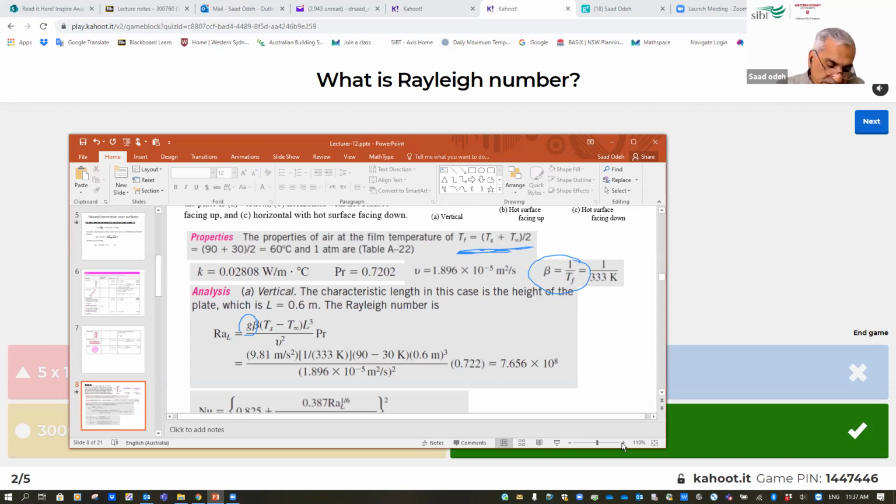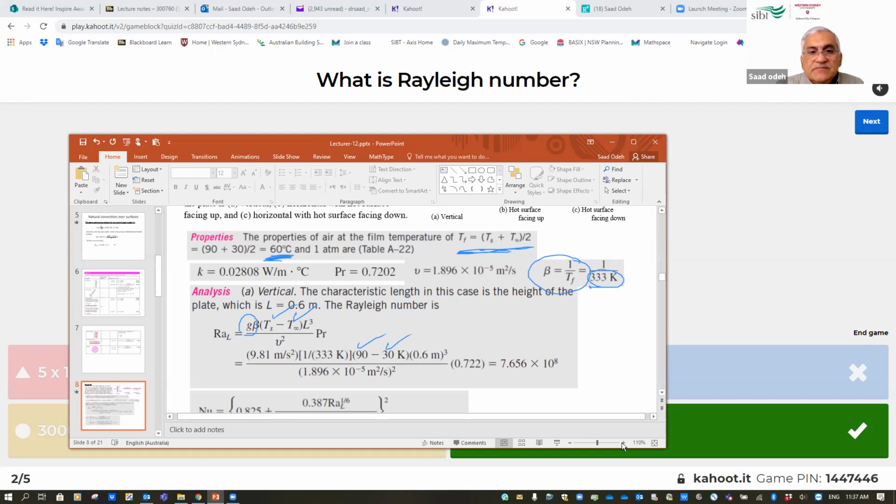So here, T is 60 Celsius plus 273, we'll have 333 Kelvin. Okay, so that's beta. And then, as you can see, TS, surface temperature, which is 90, and the fluid temperature or the air temperature is 30.